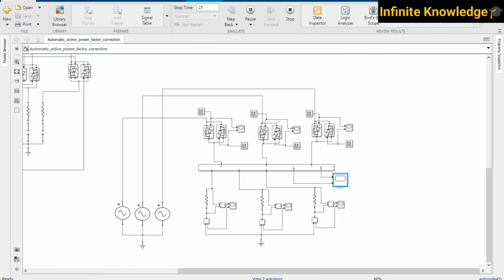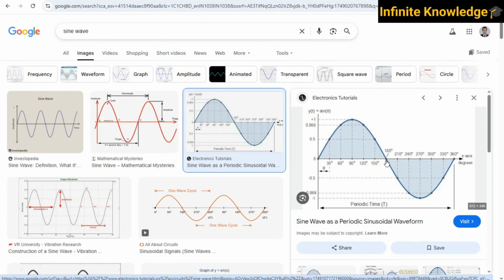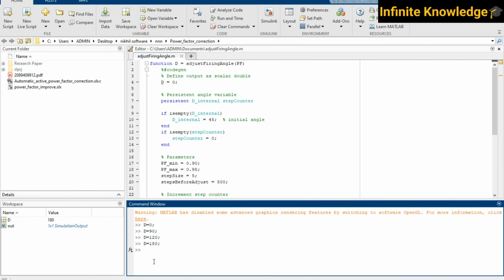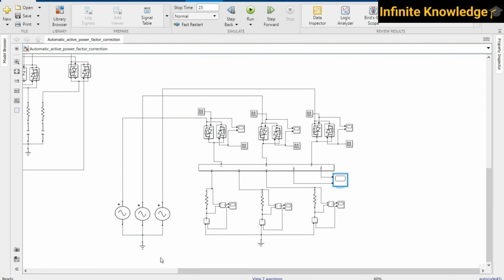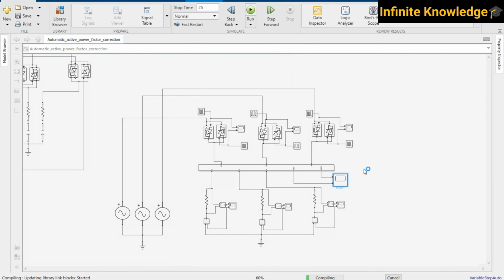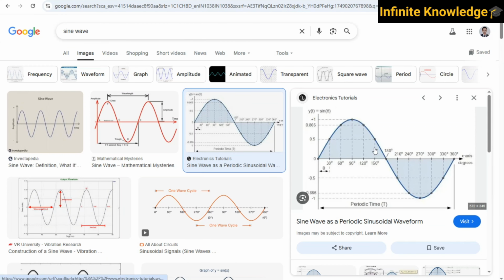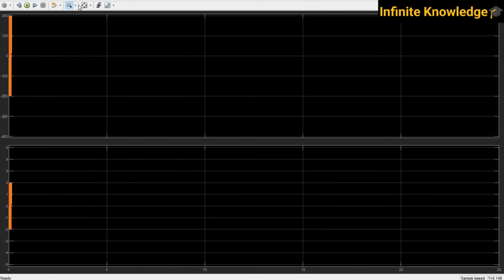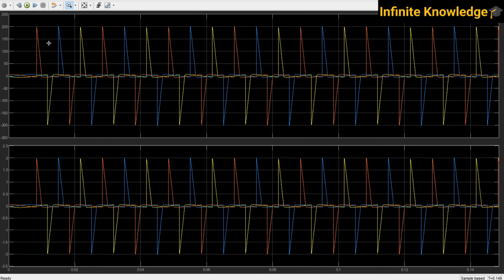But if you consider d equal to 150, then you can get something in the output. So 150 is this much, 150 to 180, 330 to 360. This is how you can control the supply to your system.